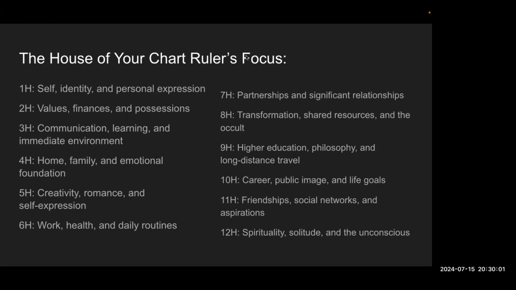I realized that my chart ruler, Mars in Gemini, squares Mercury, Gemini's ruler. Wait, my chart ruler, Mars in Gemini, squares my Mercury. Gemini, am I getting too far ahead? I'm a little confused by the wording of your question, Matt, but if you're a Gemini rising, that means Mercury is your chart ruler.